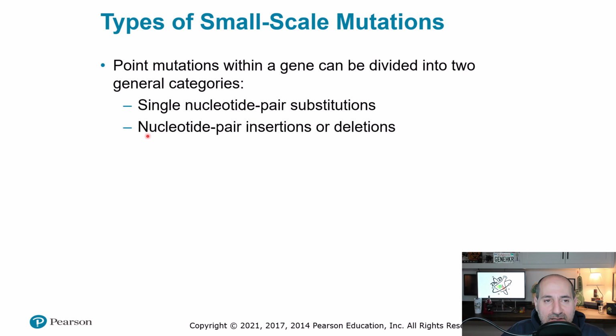The next general category is a nucleotide pair insertion or deletion. This is if you add a letter. You just add an A in the middle of the gene, or you delete a G from the middle of the gene. So you add a letter or you delete a letter. These are the 2 main categories. Let's start with the single nucleotide pair substitutions and discuss the outcomes there.